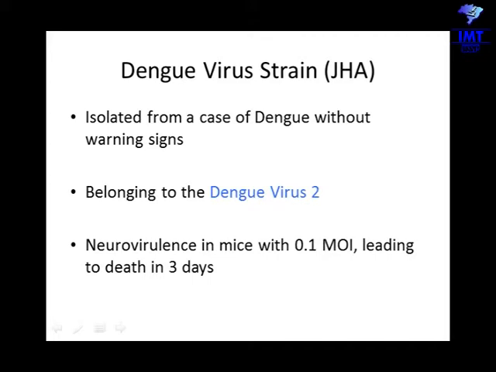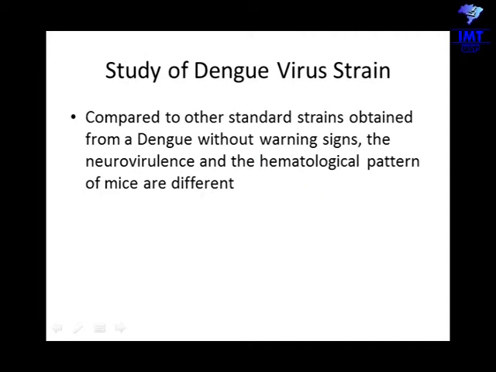Based on a small NS1 fragment, this virus was classified as dengue virus 2. Interestingly, the virus is neurovirulent in mice with 0.1 MLD, leading to death in 3 days.